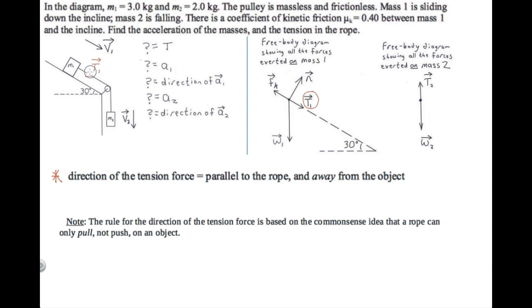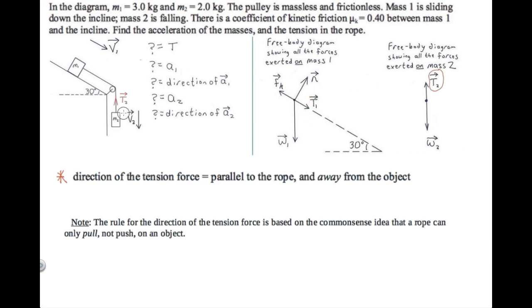So the tension force on mass 1 points parallel to and down the incline, like so. The tension force exerted by the rope on mass 2 points parallel to the rope and away from mass 2. So the tension force exerted on mass 2 points straight up.